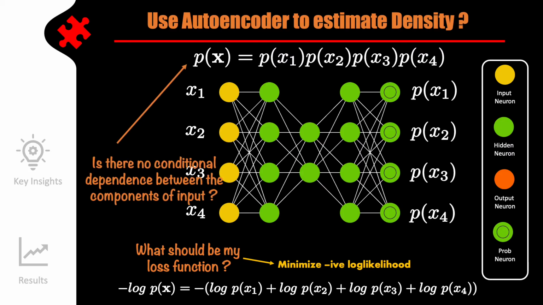Now that the loss aspect is taken care of, the next part we should worry about is the strong assumption that I made here when I wrote the joint probability. The way it is factorized here indicates that there is no dependence amongst the dimensions of our input vector, which, as I said earlier, is not representative of a real world situation.